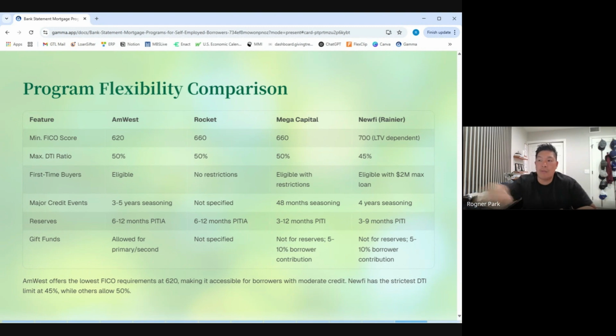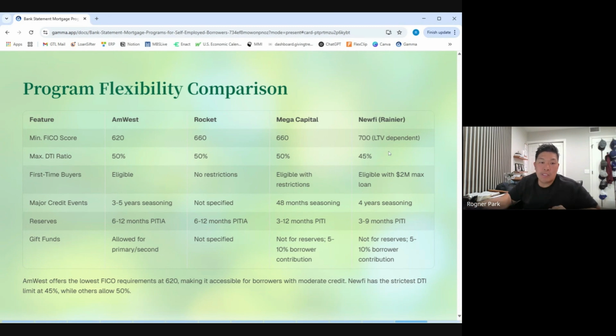I'm going to break down reserves later because that's always a big one. Notice that here at AmWest, you can go as low as 620. NewFi, however, on their Rainier product, which is their preferred priced loan for bank statements, requires a 700. That's a huge distinction. 700, right? And 620.